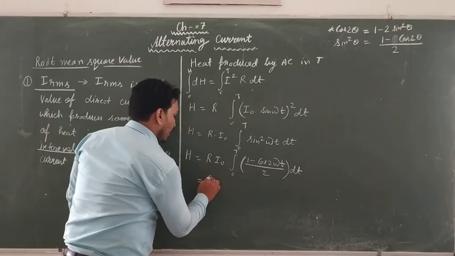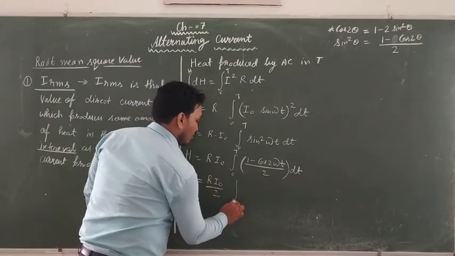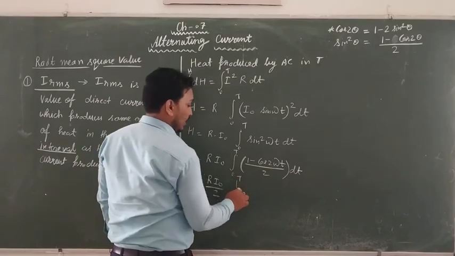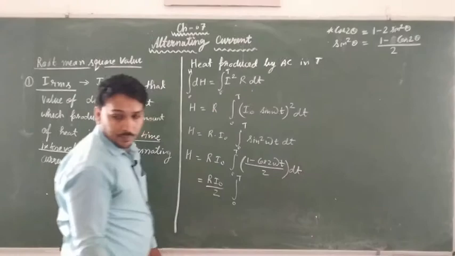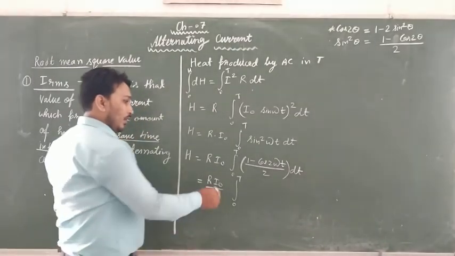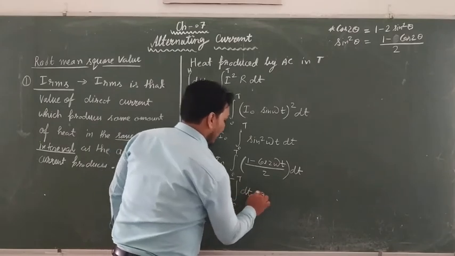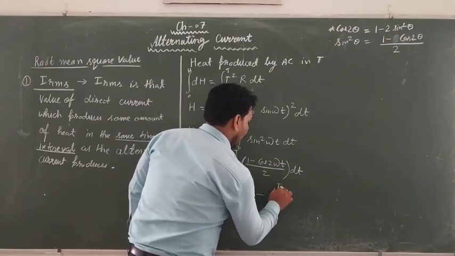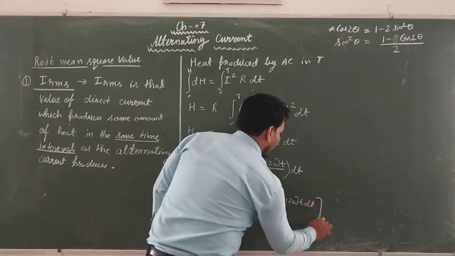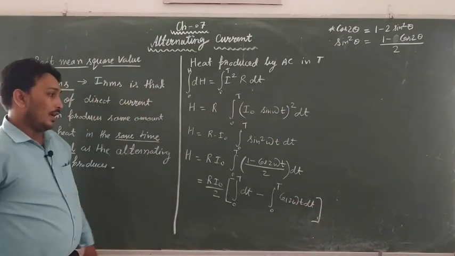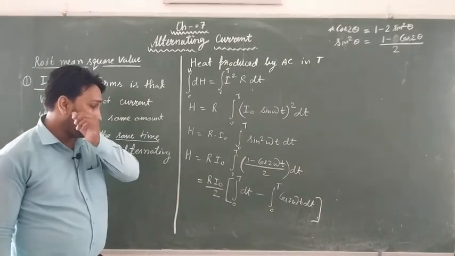We are going to have R I₀ by 2 integration 0 to T. Let me integrate it separately: dt, and then minus integration 0 to T cos 2ωt dt. I have just separated it. 2 comes out of the integration. We are going to have R I₀ upon 2.